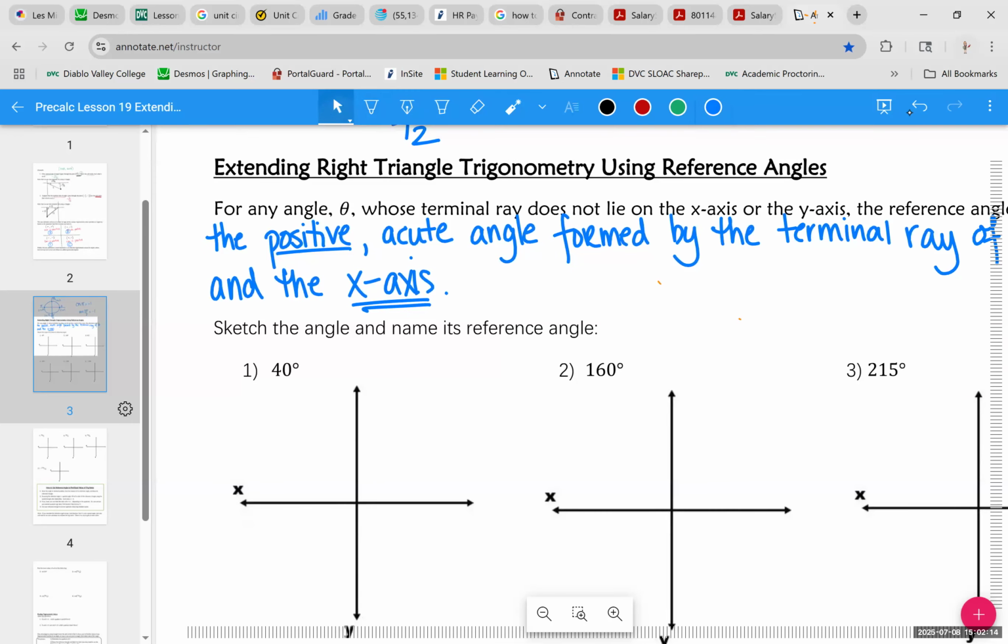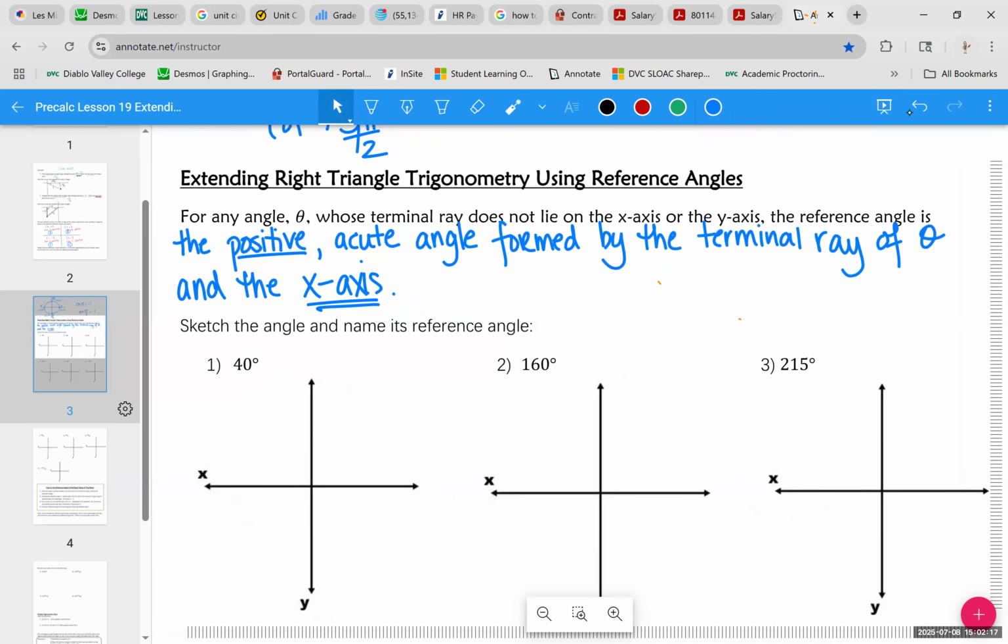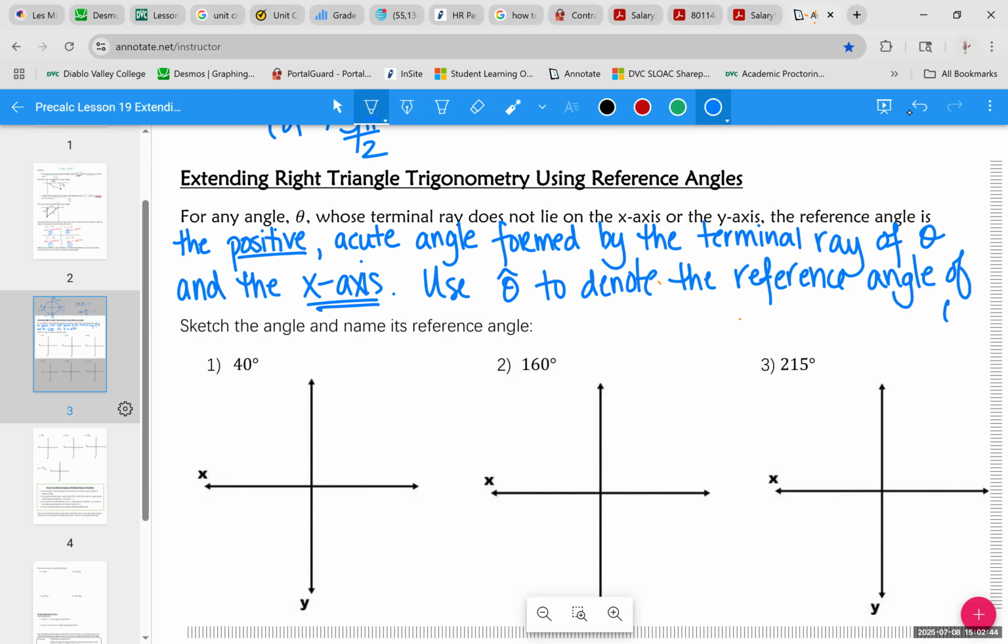And we have a notation for the reference angle. We use theta, if we're talking about the angle theta, and we put this little caret symbol above it. It's actually called a theta hat. So we use theta hat to denote the reference angle of theta. That's the way we write it.